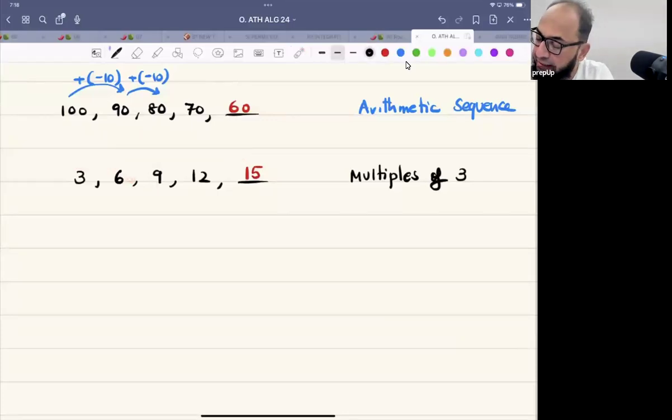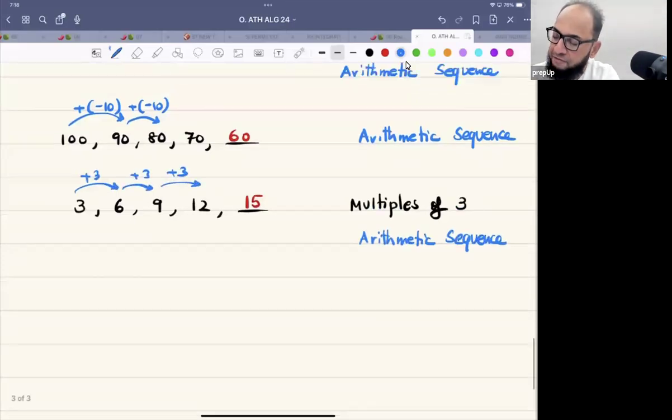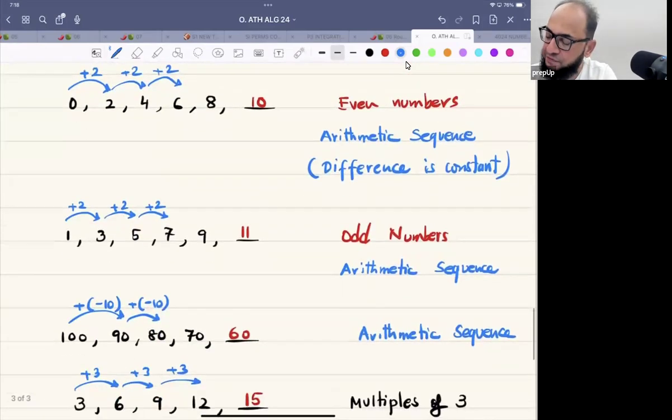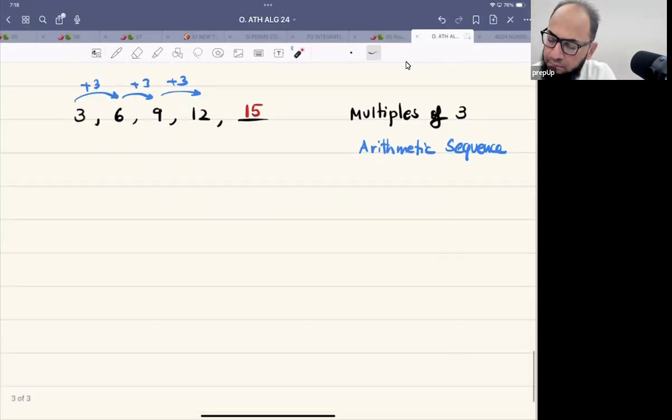So can I write this thing as an arithmetic sequence? Yes, this is also an arithmetic sequence. Why? Because there is an addition of plus 3. So now we have seen 4 different kinds of sequences. They all are arithmetic. This is of even numbers, this is of odd numbers, this is just an addition of 2, and this is multiples of 3.